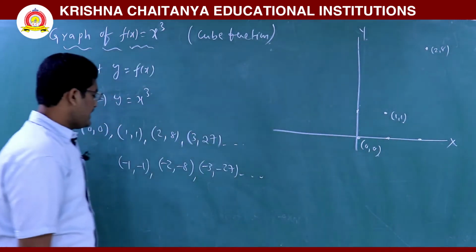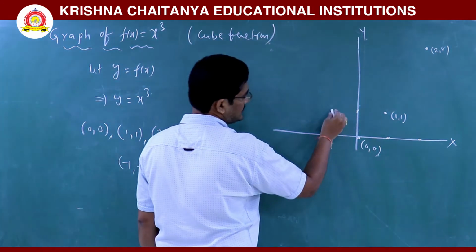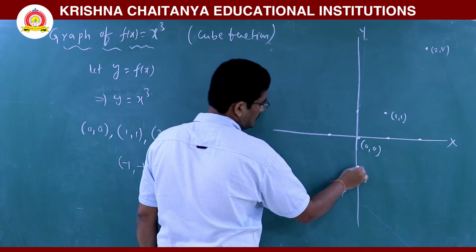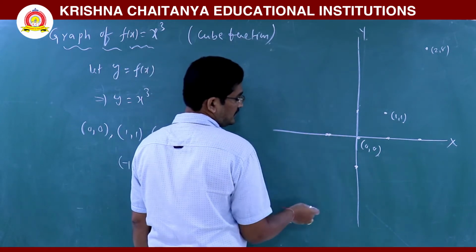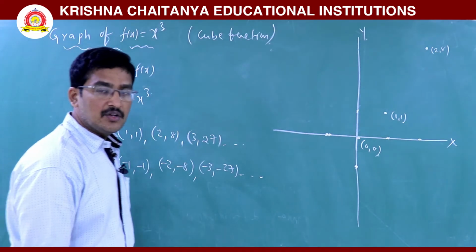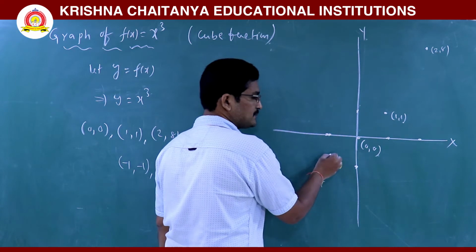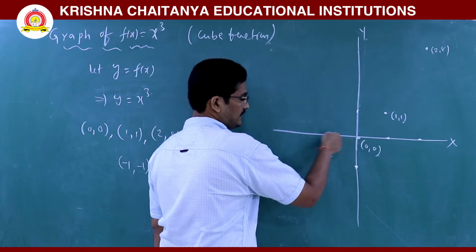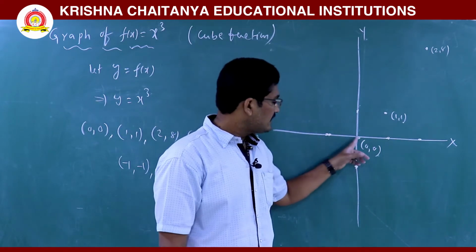On the left side of the y-axis, we have minus 1, minus 1. Both are negative, so the point is located in the third quadrant. That means this point covers 1 unit distance along the negative x-axis and 1 unit distance along the negative y-axis.